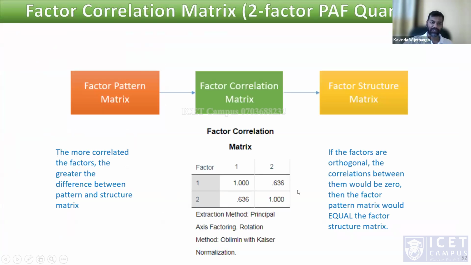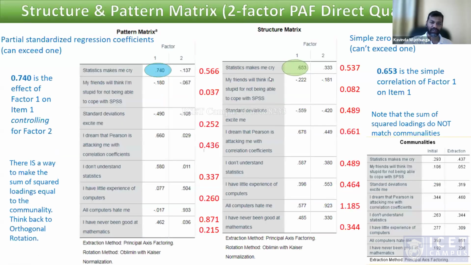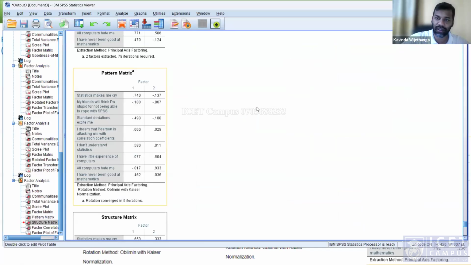Then go to the pattern matrix and structure matrix. This is the structure matrix, 0.653. This is the structure matrix and this is the pattern matrix. So 1.40, right? These values are there, right? Then I will try to compare the structure and pattern matrices. A partial standardized regression coefficient can exceed 1, right?